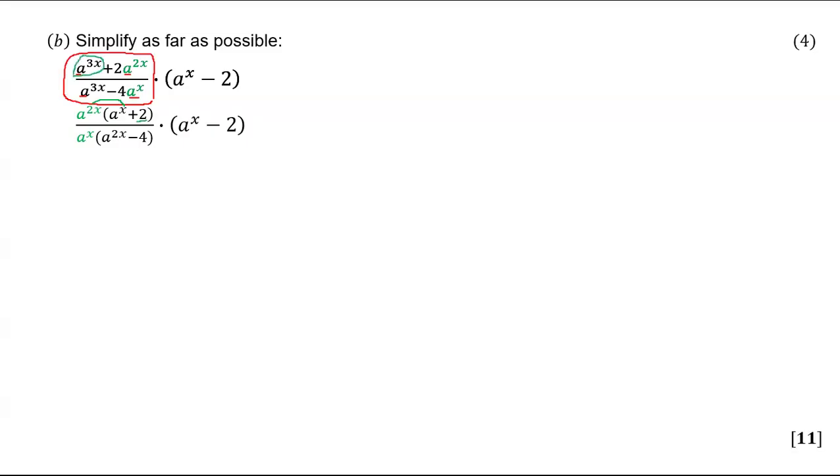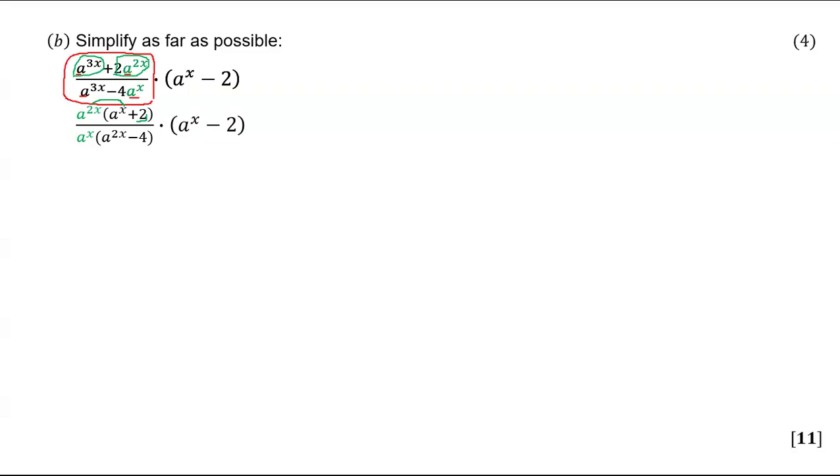Similarly, 2 times a to the exponent of x will give me 2a to the exponent of 2x. In the denominator, I am left with, in brackets, a to the exponent of 2x minus 4.